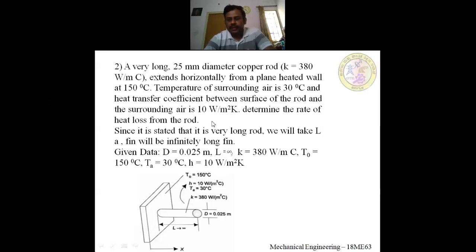So there are actually 4 cases. The first case is the infinitely long fin, and that case we are going to take, because at the very start of the problem they have told us it's a very long rod. So diameter is given, length will be infinity, thermal conductivity they have given 380, T naught is the base temperature, TA is ambient. The rest we just have to calculate: the rate of heat loss.